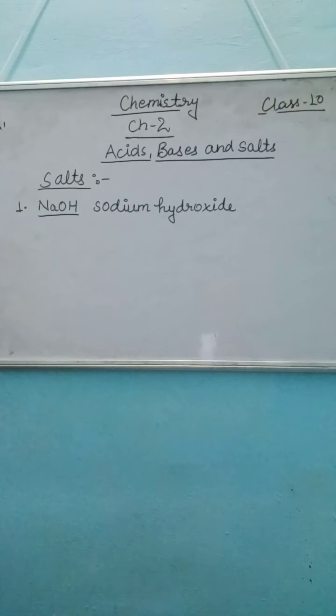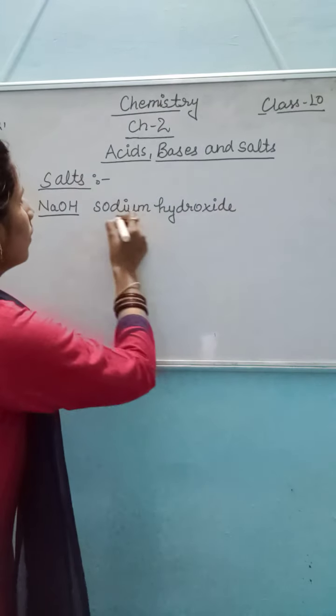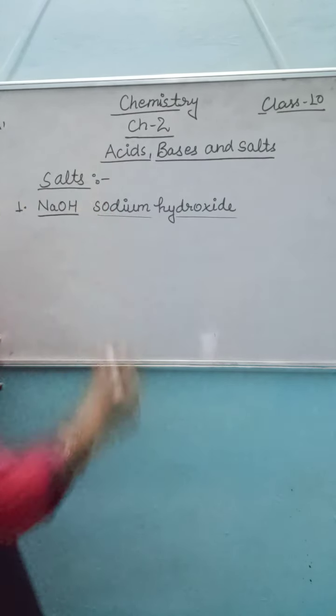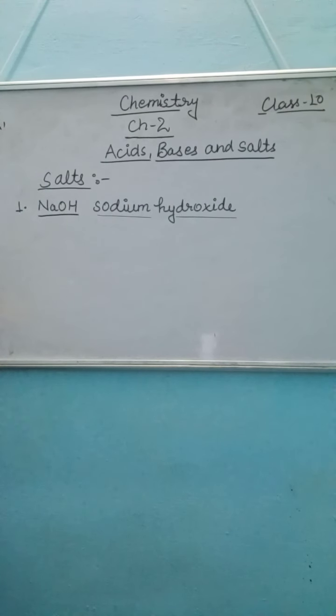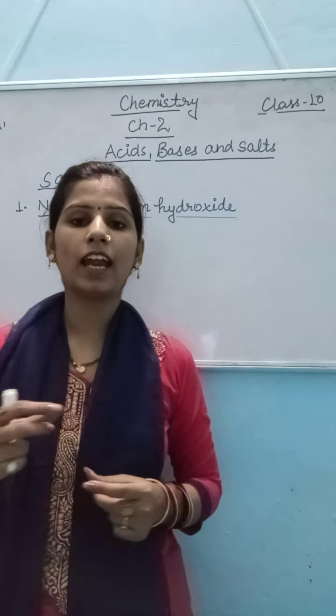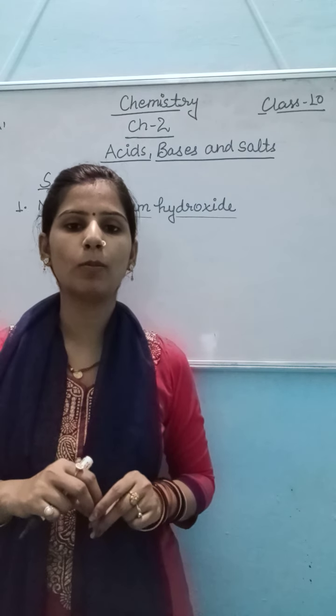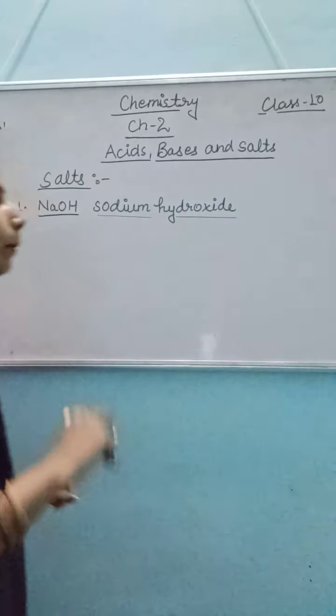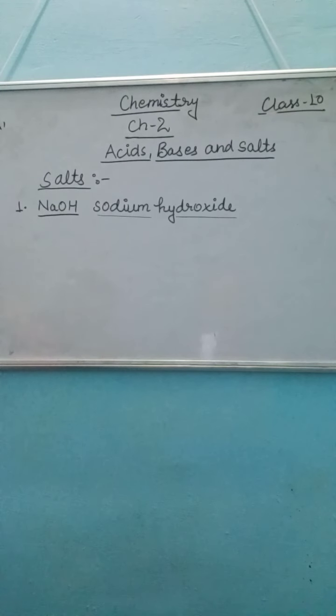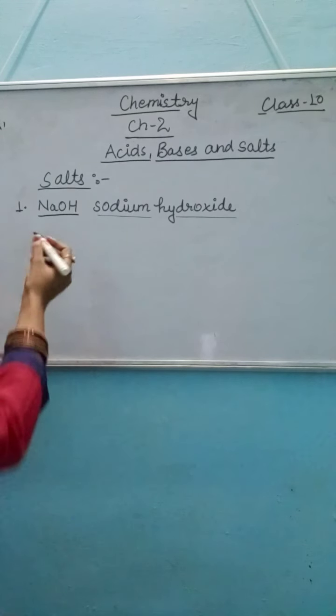Sodium hydroxide is prepared from common salt. When we add water to common salt, the aqueous solution of common salt is known as brine. Brine is the aqueous solution of common salt.